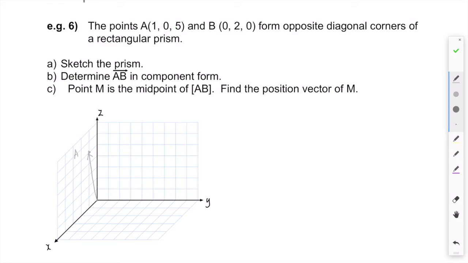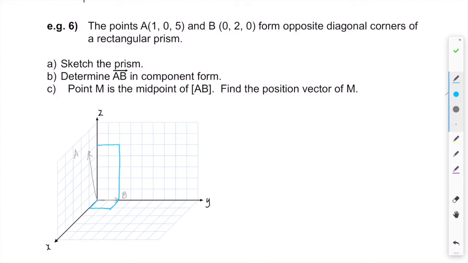So I start from the origin, only go 2 steps on the y-axis. And then I need the prism now. It should be 1 unit this way, 2 units that way, and 5 up, 1, 2, 3, 4, 5.